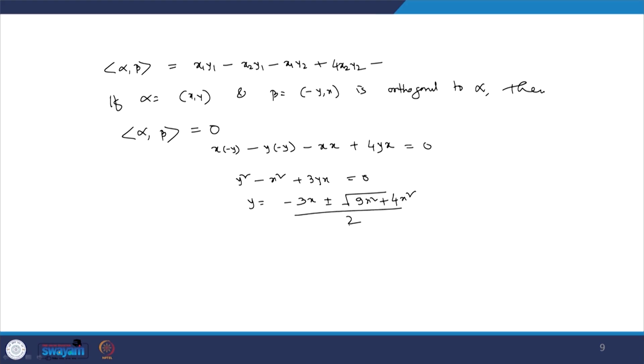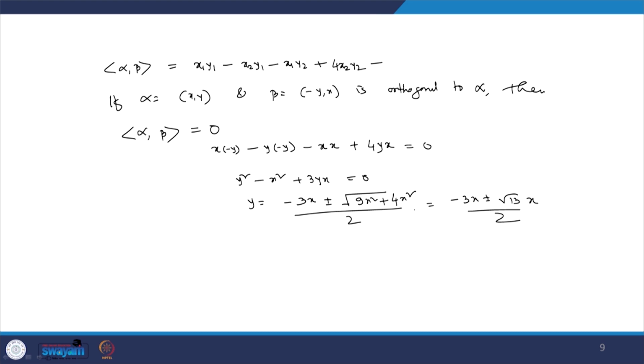Some sort of this relation we will get: minus 3x plus or minus root 13 x by 2. So y will definitely be related to x in this way.